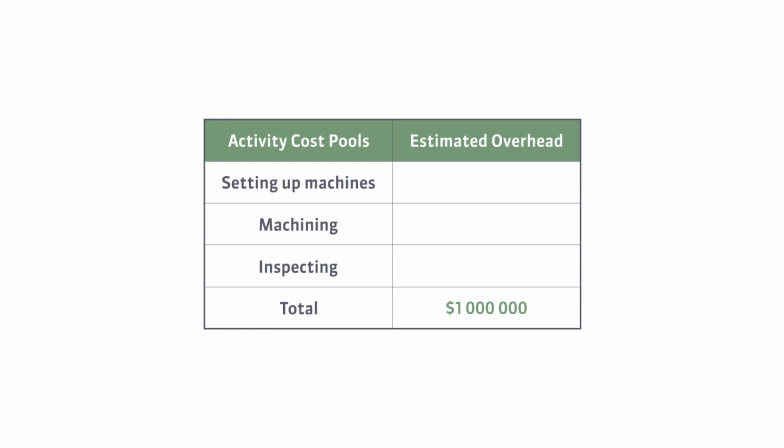Salaries, supplies, and depreciation have been assigned to the machine setup cost pool, which is $200,000. Machining is $600,000 and inspecting $200,000. The sum of the costs in all activity pools is $1 million.